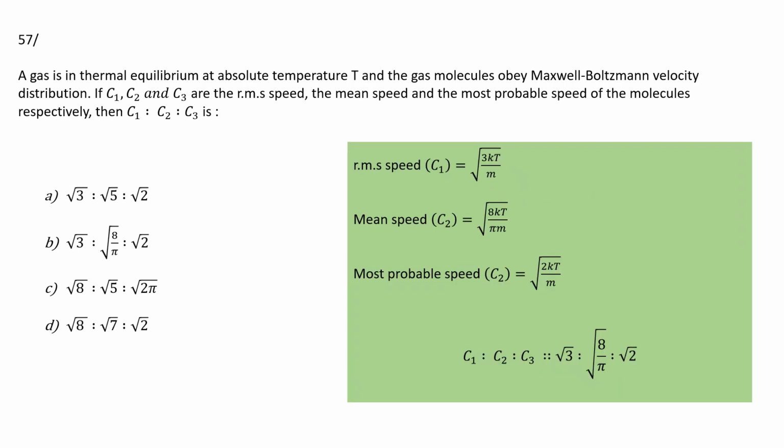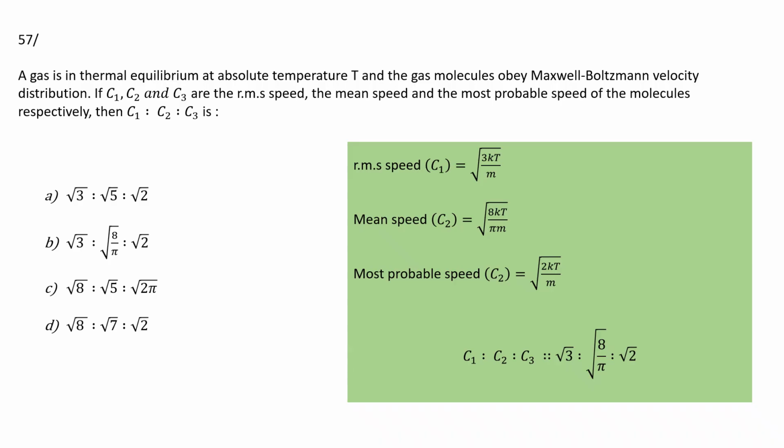Then the next question. A gas is in thermal equilibrium at absolute temperature capital T and the gas molecules obey Maxwell-Boltzmann velocity distribution. तो हमारे पास क्या है, एक गैस है जो कि थर्मल इक्विलिब्रियम एट एब्सोल्यूट टेम्परेचर पे प्रेजेंट है and the gas molecules obey Maxwell-Boltzmann velocity distribution. Okay.